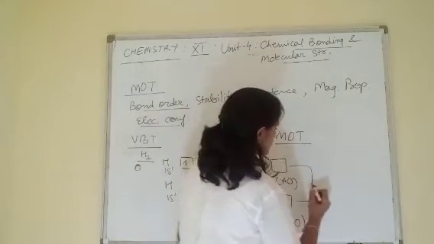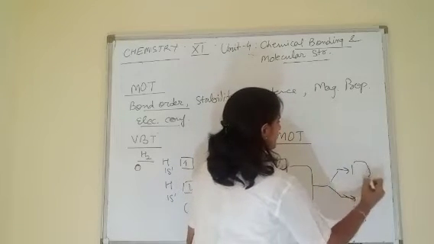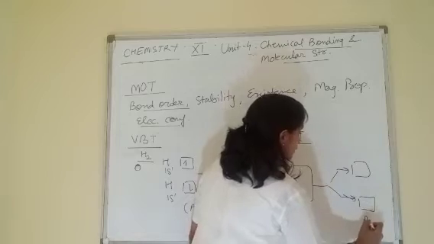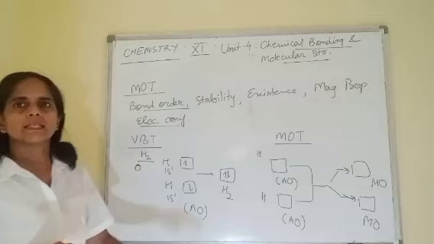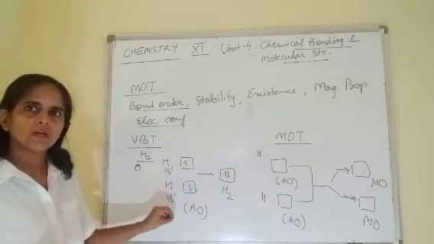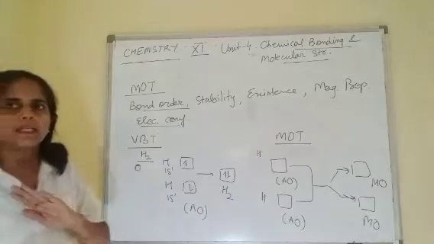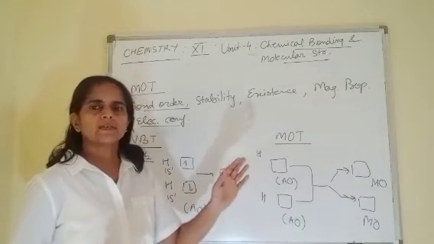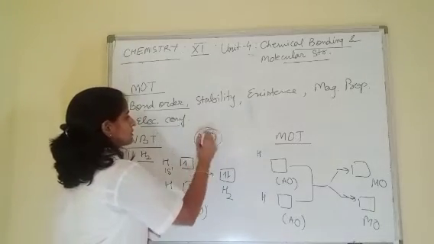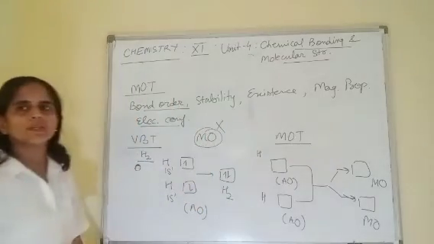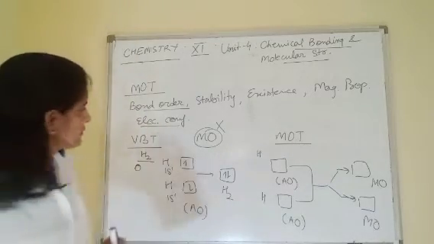Absolutely different concept. This concept of molecular orbital was missing in VBT. VBT is absolutely silent regarding molecular orbitals. So, we don't get any information about molecular orbitals in VBT. This was the first point of difference.